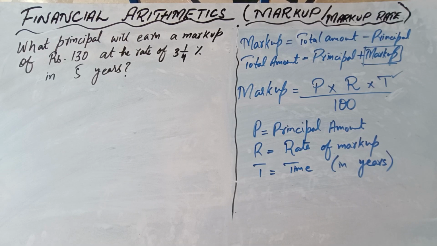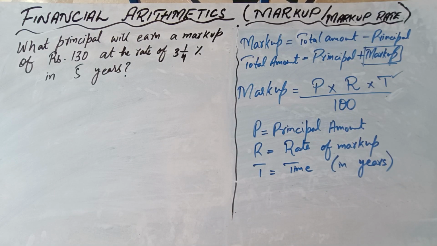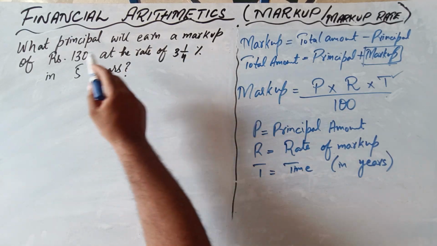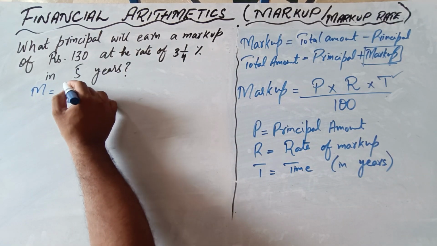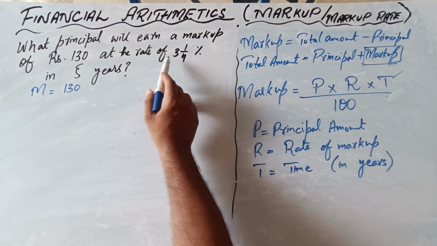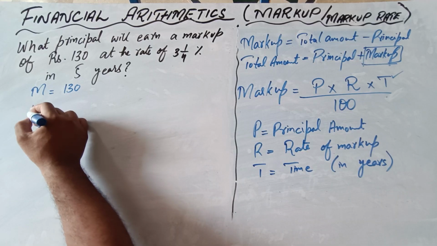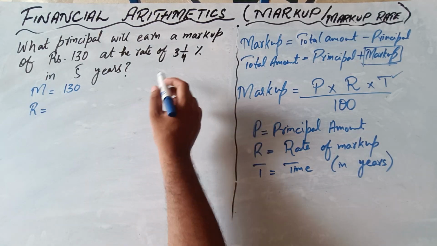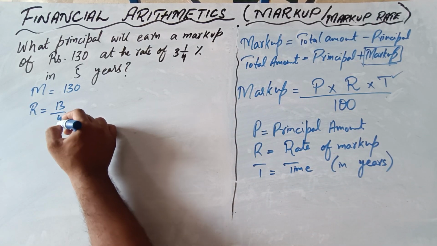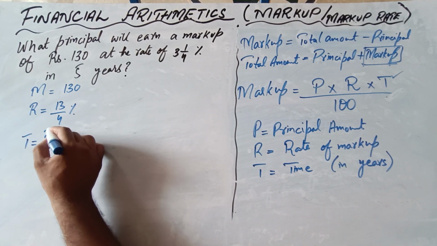Now we have another question in which we need to find out the principal amount. What principal will earn a markup of rupees 130? It means 130 is the markup at the rate of 3 whole 1 upon 4, so this is actually the rate 13 upon 4% in 5-year time.